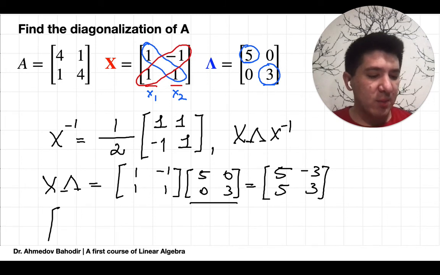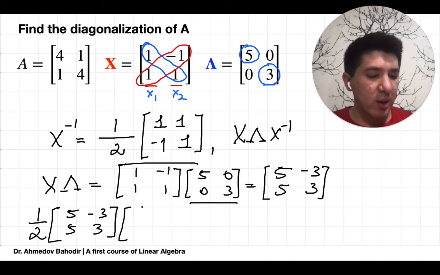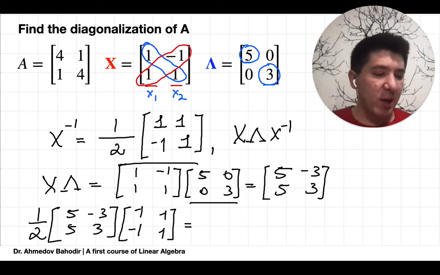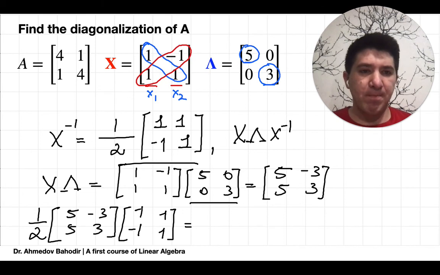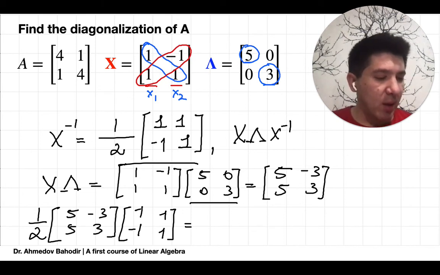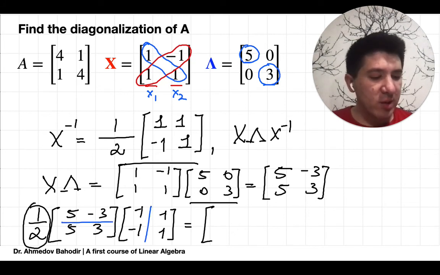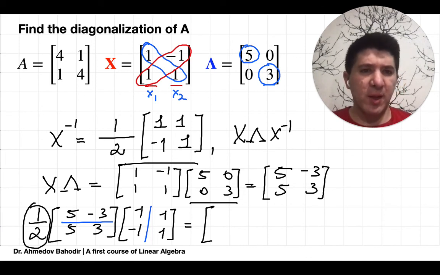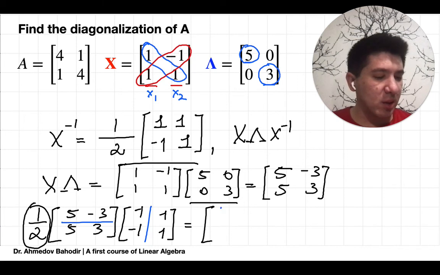So now we need to multiply this matrix, 5, 5, minus 3, and 3, by this matrix. I'm going to put 1 over 2 here, and write 1, minus 1, 1, and 1. I'm going to multiply the 1 over 2 immediately when I multiply these matrices as row times column. The first row times the first column is going to be 5 plus 3, which is 8 divided by 2, so it's 4.